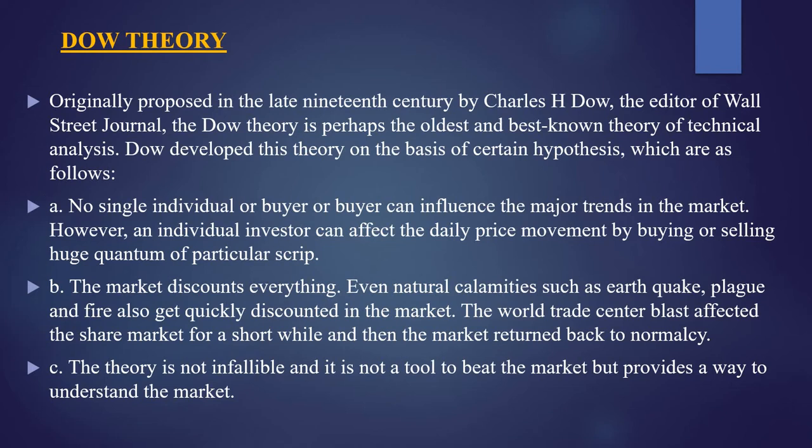Dow developed this theory on the basis of certain hypotheses, which are as follows. Who developed the Dow theory? The Dow theory is developed by Charles H. Dow. In his theory, he has certain hypotheses or assumptions. What are those assumptions? Now we will see.